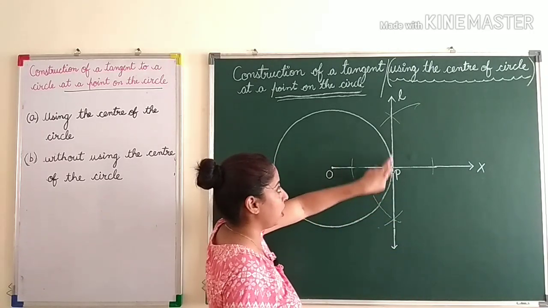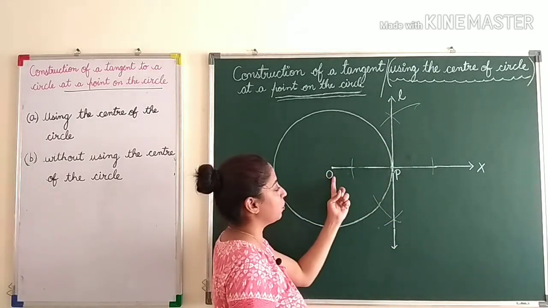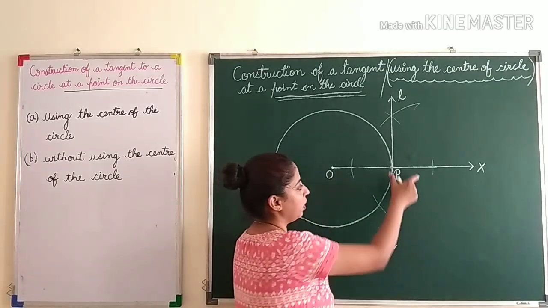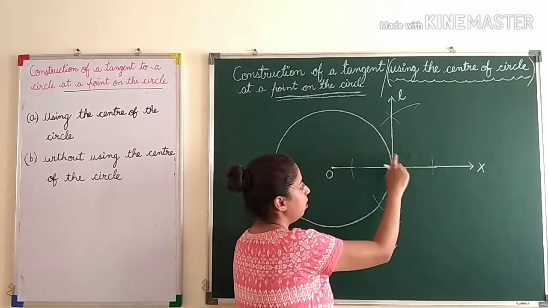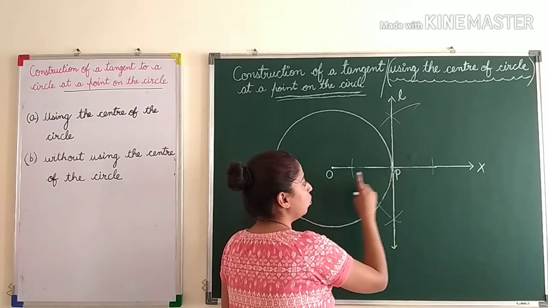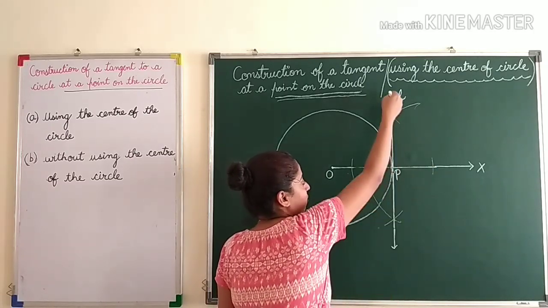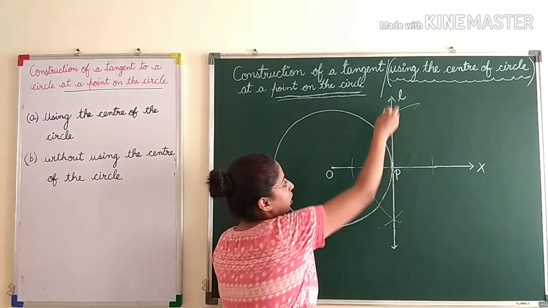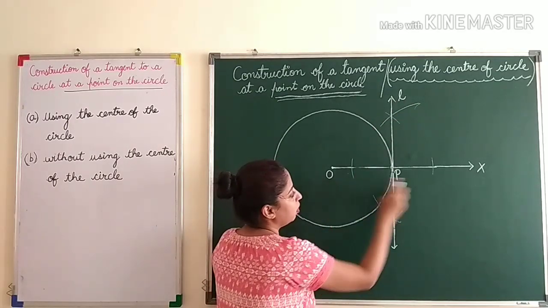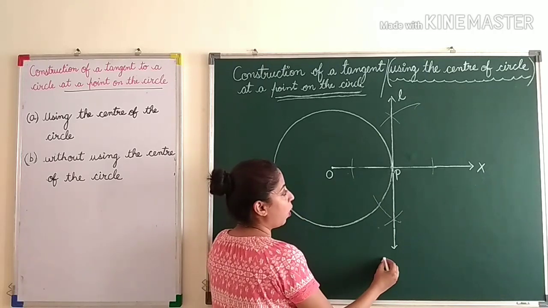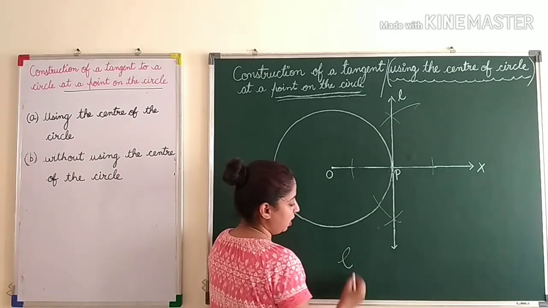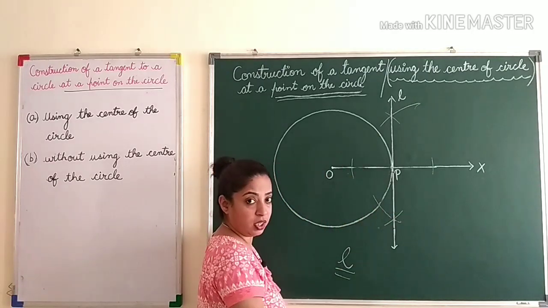Then at P we have to draw a perpendicular to this ray OX. So from P, we cut an arc here and here. Now taking these 2 points, we drew 2 arcs, and then we joined the arcs. So this line which is perpendicular to OX is the required tangent. So line L is the required tangent.